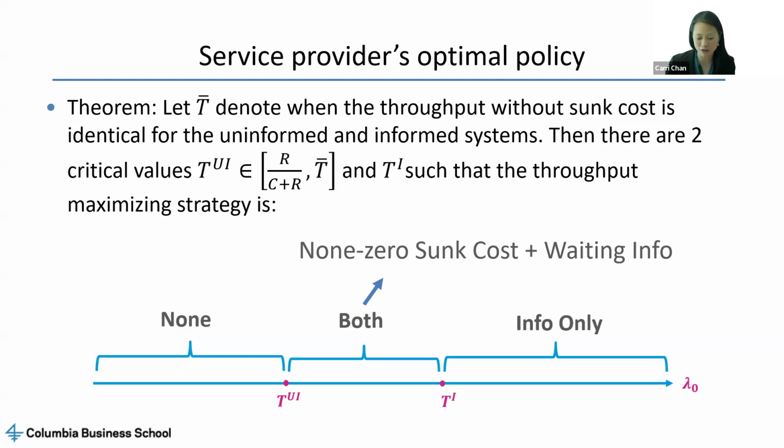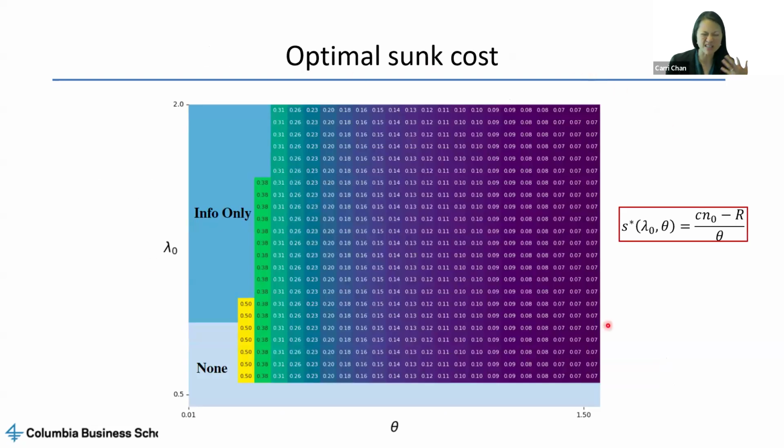Let me give you a little bit of insight into what this all means with some numeric examples. So first in this figure, I'm trying to look at what is the optimal policy that we had just described for different system parameters. On the y-axis is the exogenous arrival rate to the system.